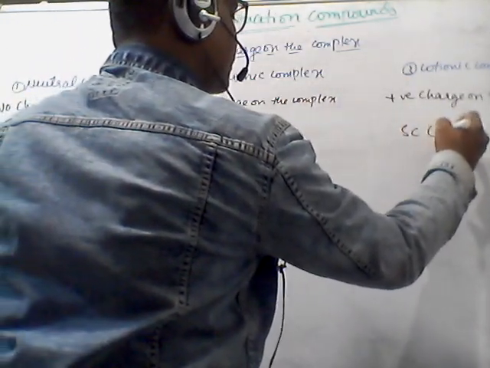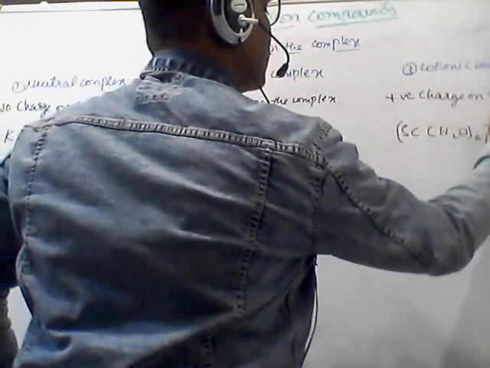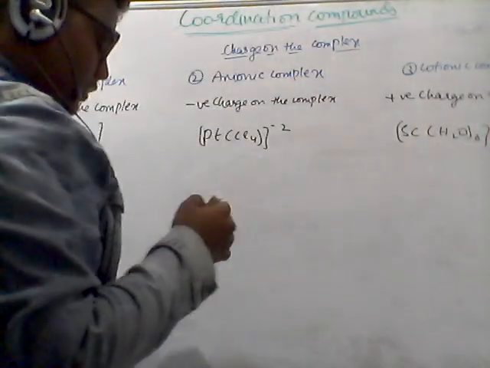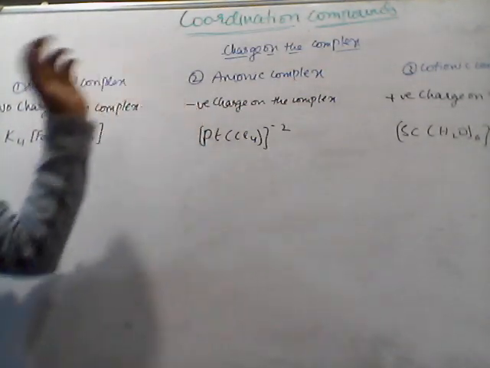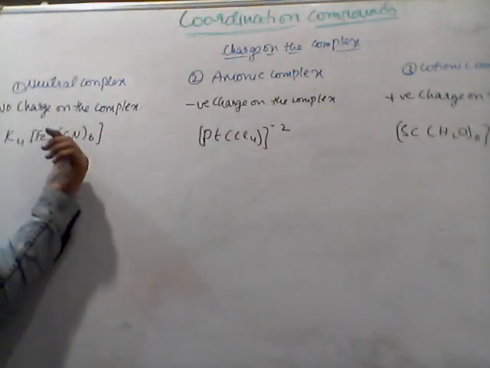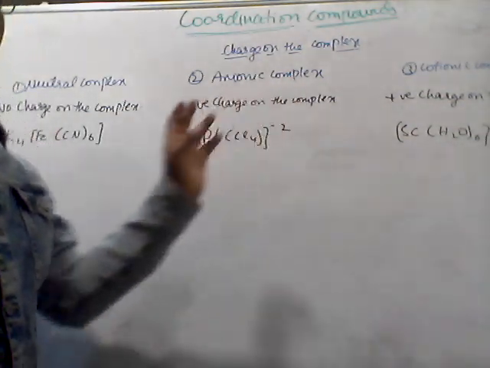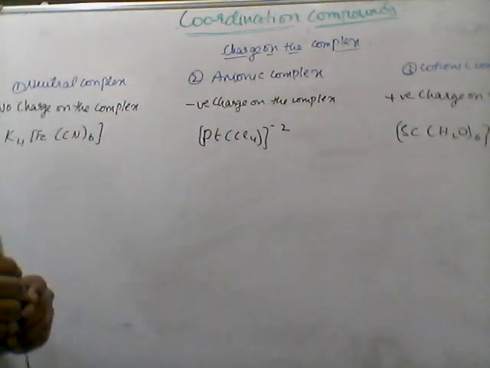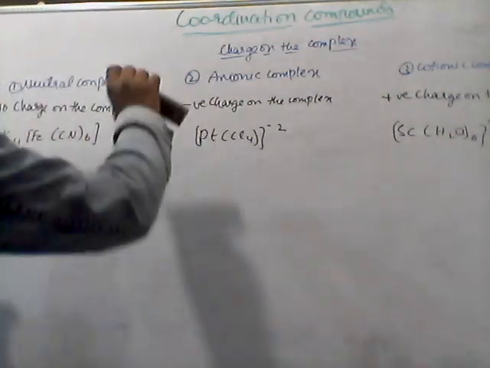So scandium aqua plus 2. Fine. Neutral complex, anionic complex, cationic complex. Neutral complex has no charge, anionic has negative charge, cationic has positive charge. Here these are the examples for the same. Okay, fine, this is clear.